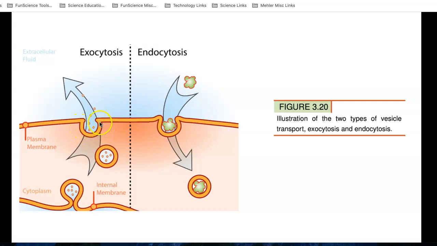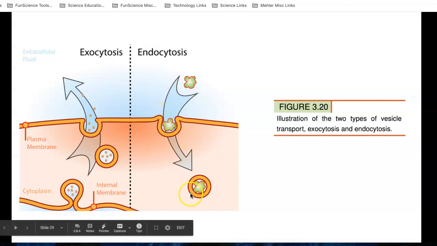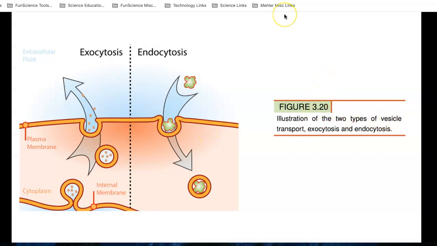It fuses with the plasma membrane, opens up, and releases its contents to the outside. That's how exocytosis works. In endocytosis, if this material is coming into the cell, it comes in, and notice that it's wrapped in the cell membrane. That allows it to come in and not be rejected. So this is the illustration of what's called a vesicle. A vesicle just means a container to move things either in or out of the cell.